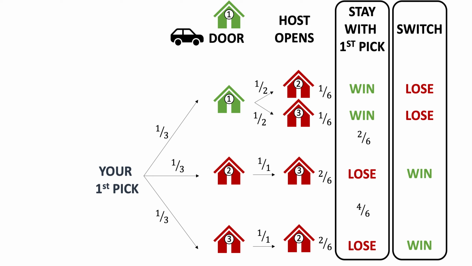Notice that these are the same. It's the same thing, just a different way of saying it, whether you stay or whether you switch. The probabilities remain the same. It makes more sense to say that switching has a higher probability, or to say that staying with your original decision has a lower probability. It's the same thing.